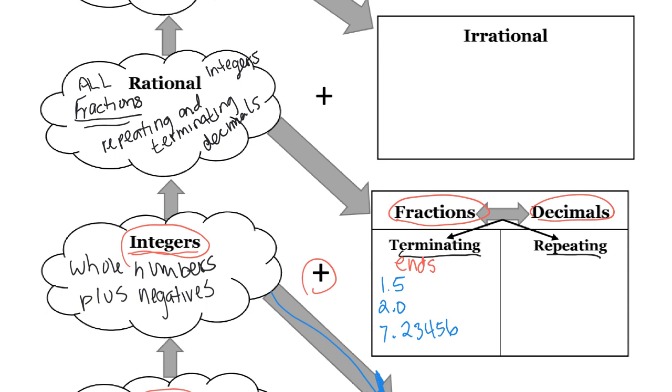1/3, if you put it in your calculator, will give you 0.33333333. It never ends. It's a repeating decimal. The same number, or the same numbers, repeat constantly.